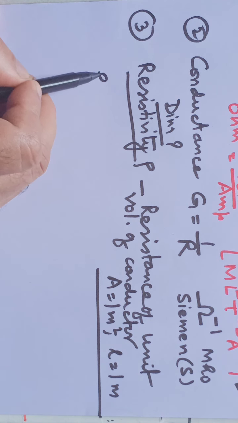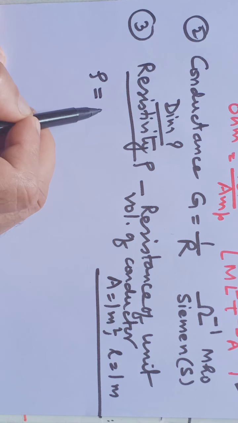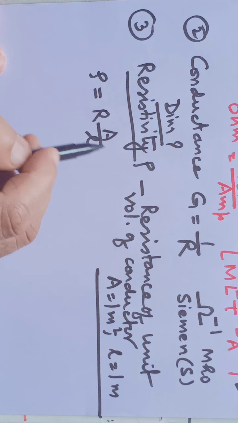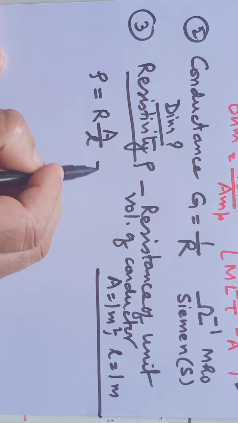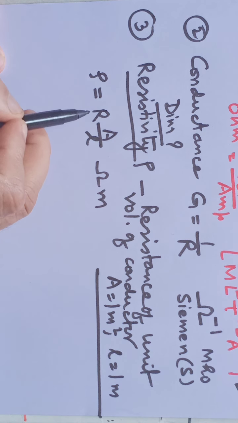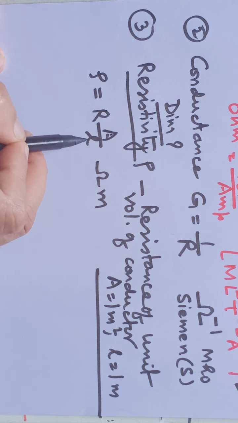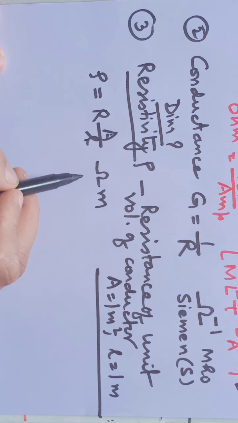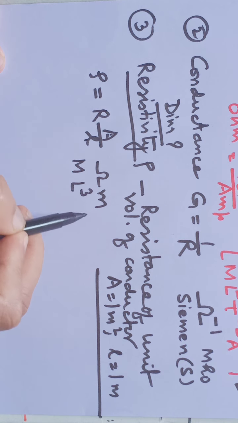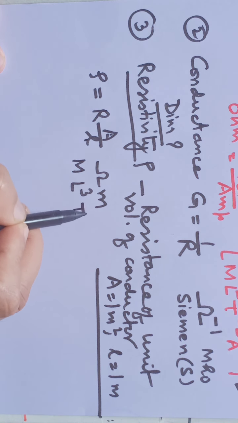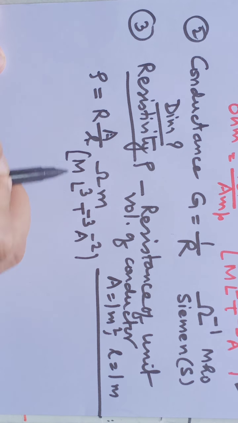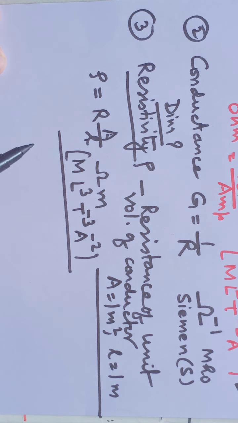The relation is rho is equal to R A upon L. So the unit becomes ohm meter, because it is meter square upon meter, 1 meter cancels out, ohm meter. And the dimension becomes ML^3 T^-3 A^-2. This is the dimension of resistivity.